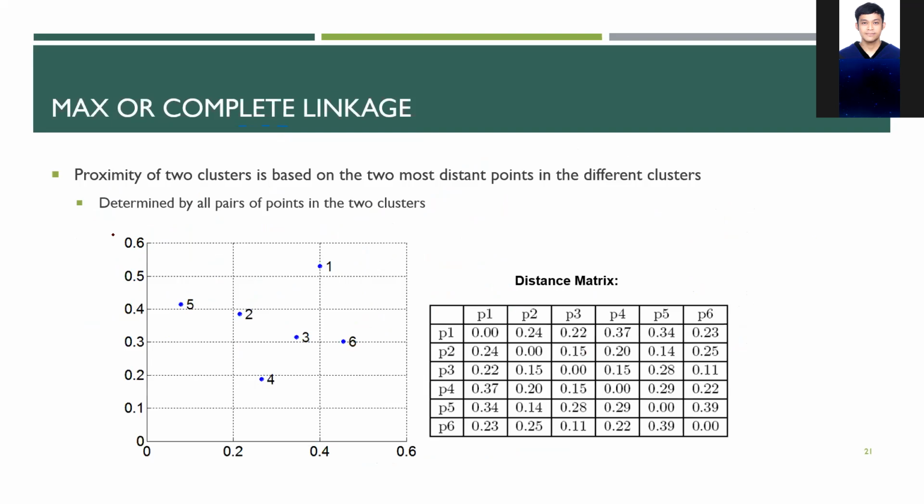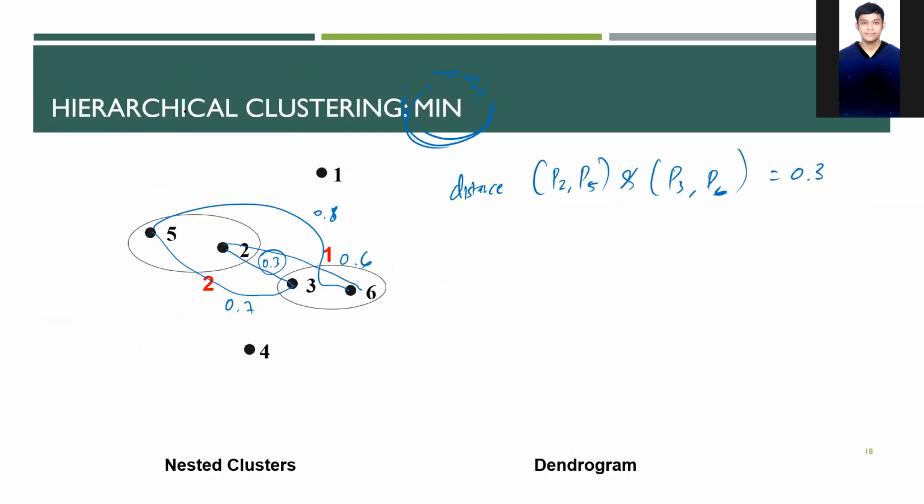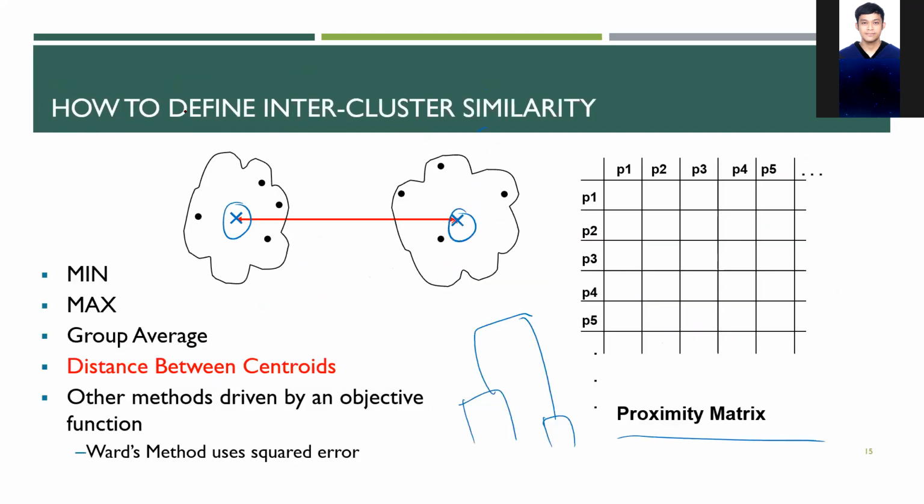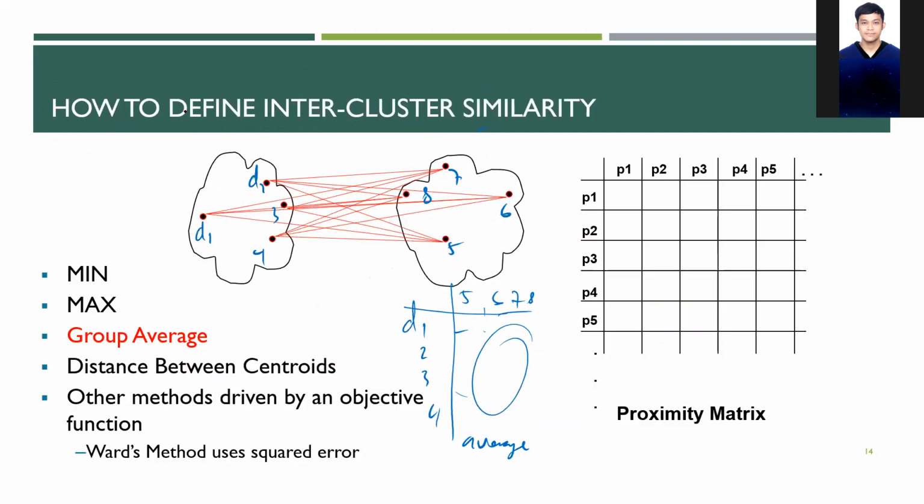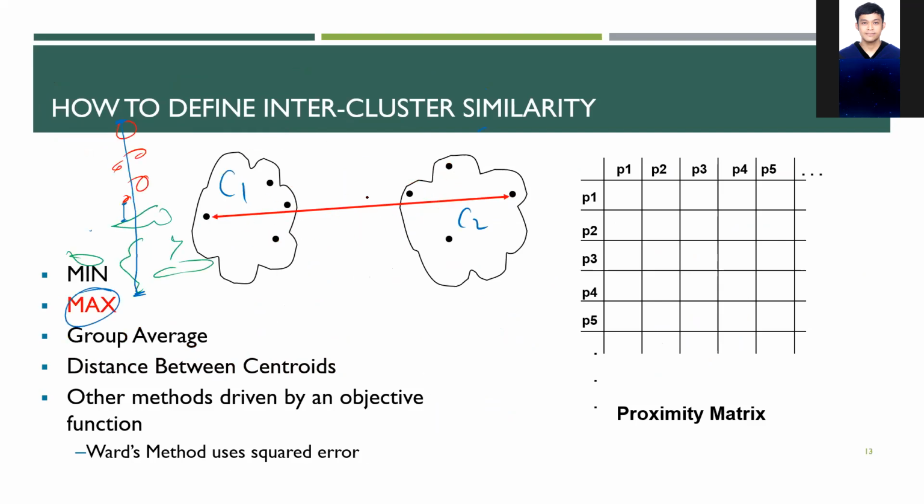Okay. Now we use maximum, or complete linkage, as the proximity. Maximum or complete linkage is this one. We consider all distances between all pairs of the data, taking the maximum, like this.